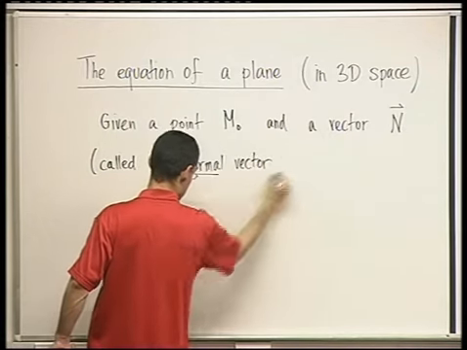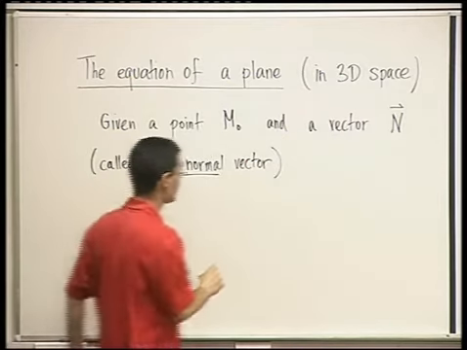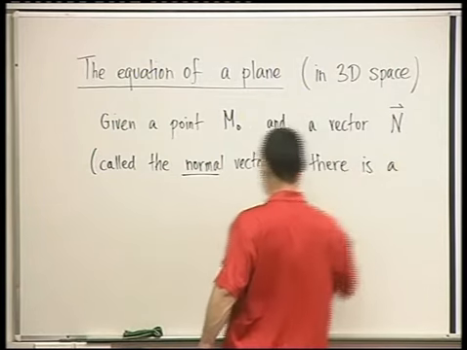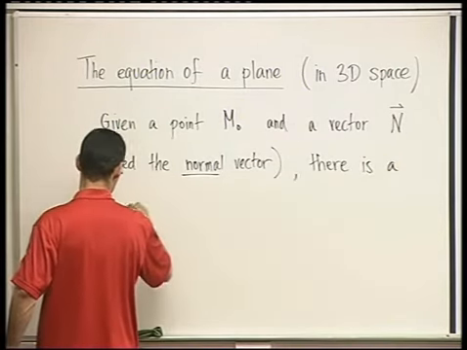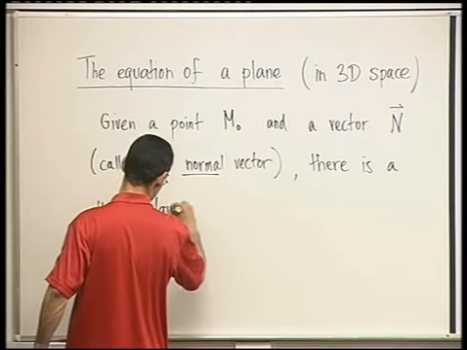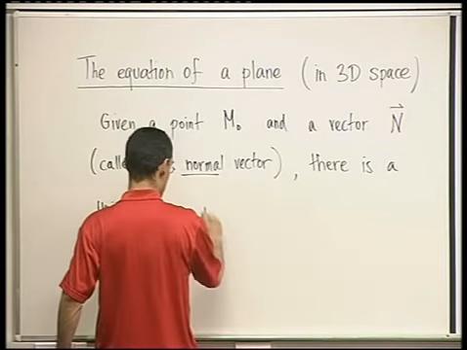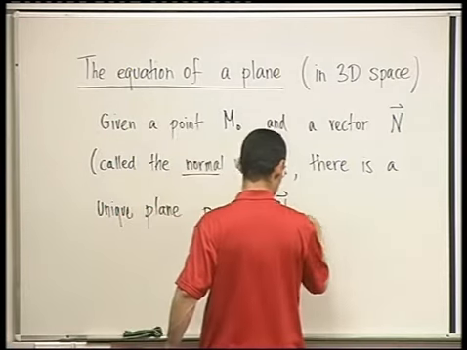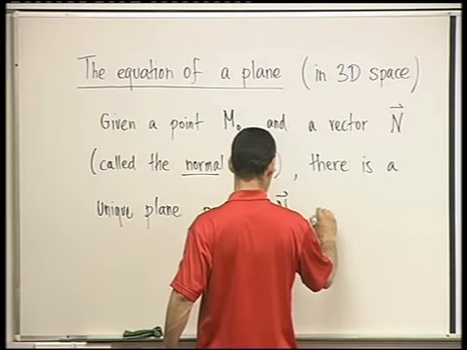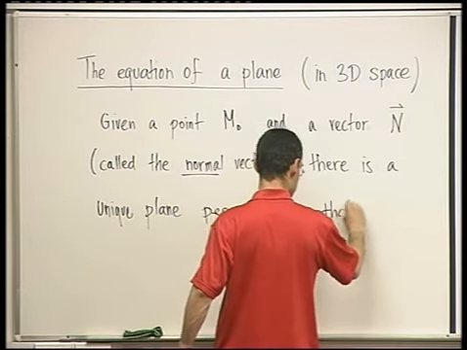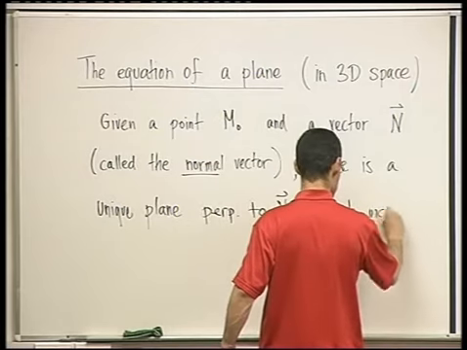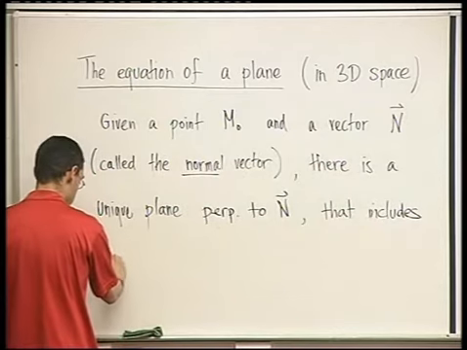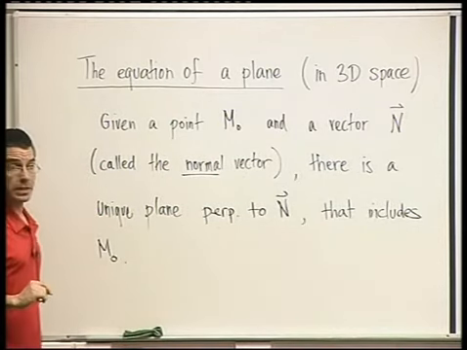That's what it's called. There is a unique, a well-defined plane perpendicular to N, and that includes, or goes through, M naught. That's the statement that we made so far.